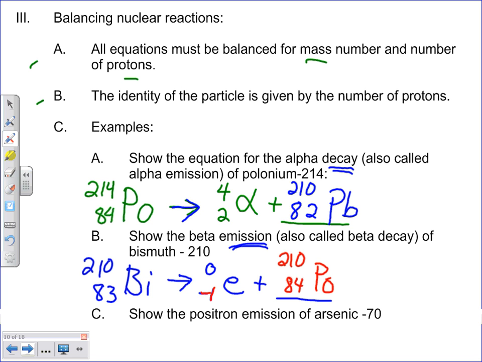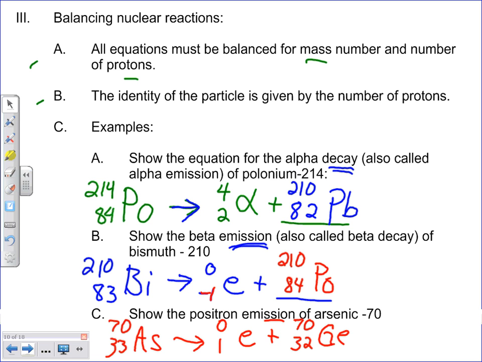And then we have positron emission of arsenic 70. So arsenic 70, arsenic is going to be number 33, and we're emitting a positron. So it's going to be a mass of 0, a charge of +1. So that means that we're going to end up having 70 and 32, which number 32 is going to be germanium.